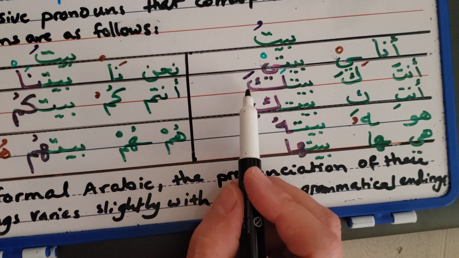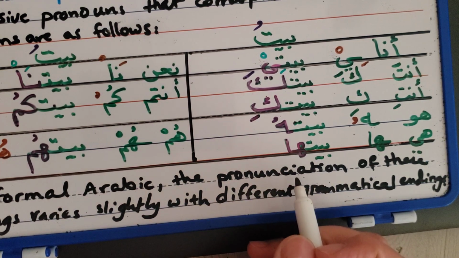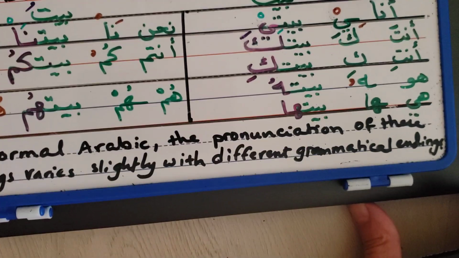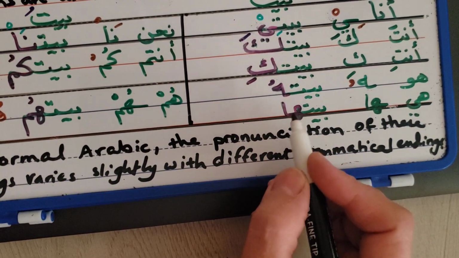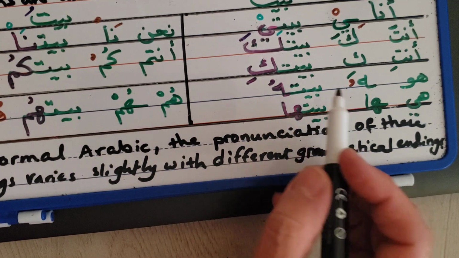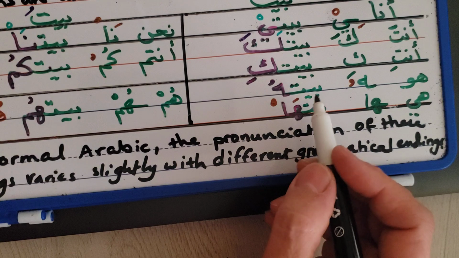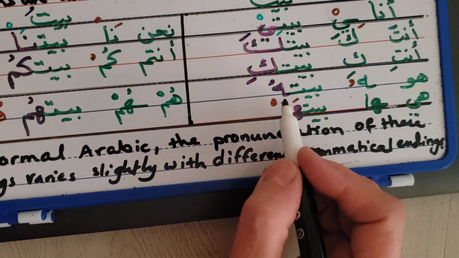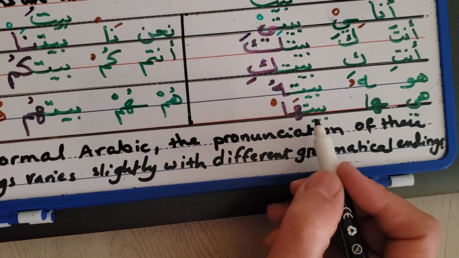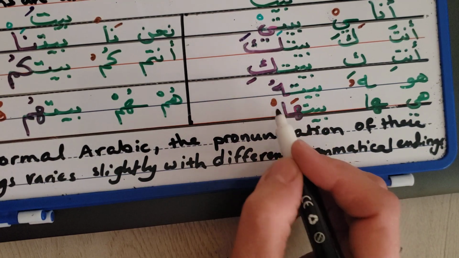So ka for the masculine, ki for the feminine. For the third person, it's hu, singular, and ha for the feminine, singular. So the singular masculine, hu. The singular feminine, ha. So they're kind of similar, but they're different.